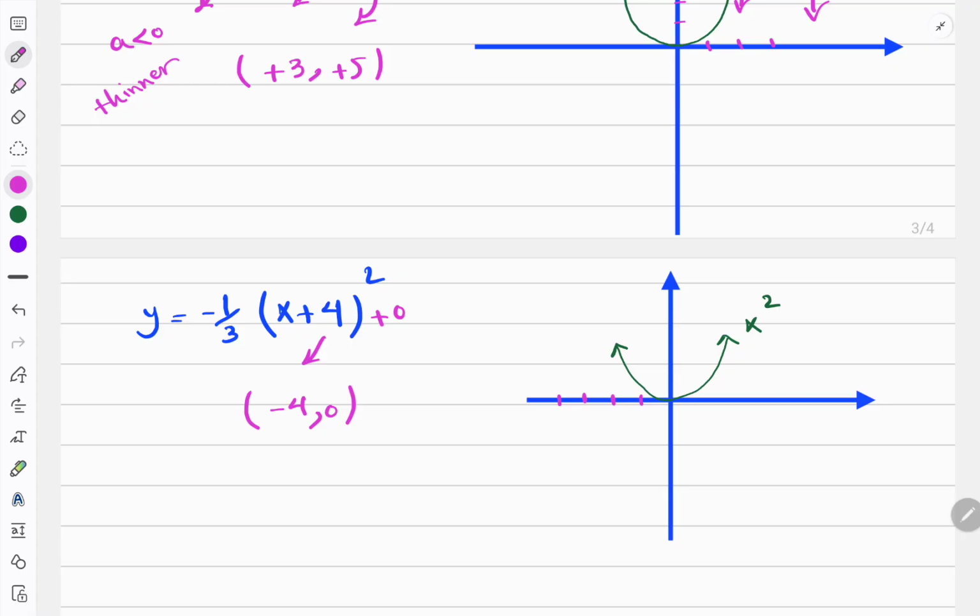We should move 4 units to the left and 0 units up. And then reflect it. And because 1/3 is less than 1, we should make it wider than y equals x squared and reflect it in the x-axis. So we have something like that. Because this is wider, the new y.